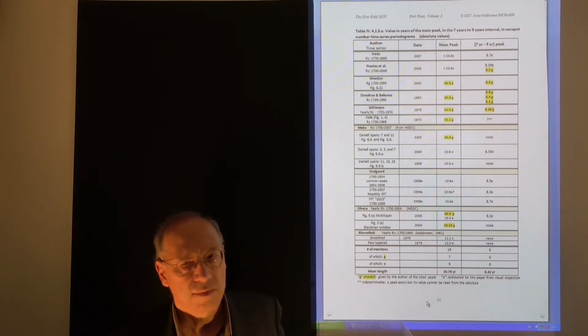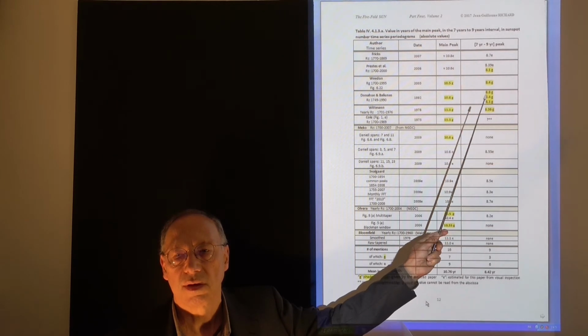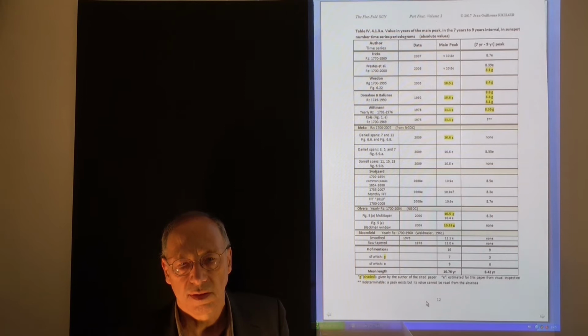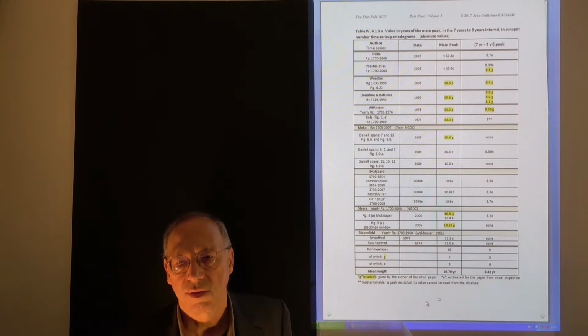these results, which are around 8 years for a period in the spectrum of the relative sunspot number time series or a similar time series.